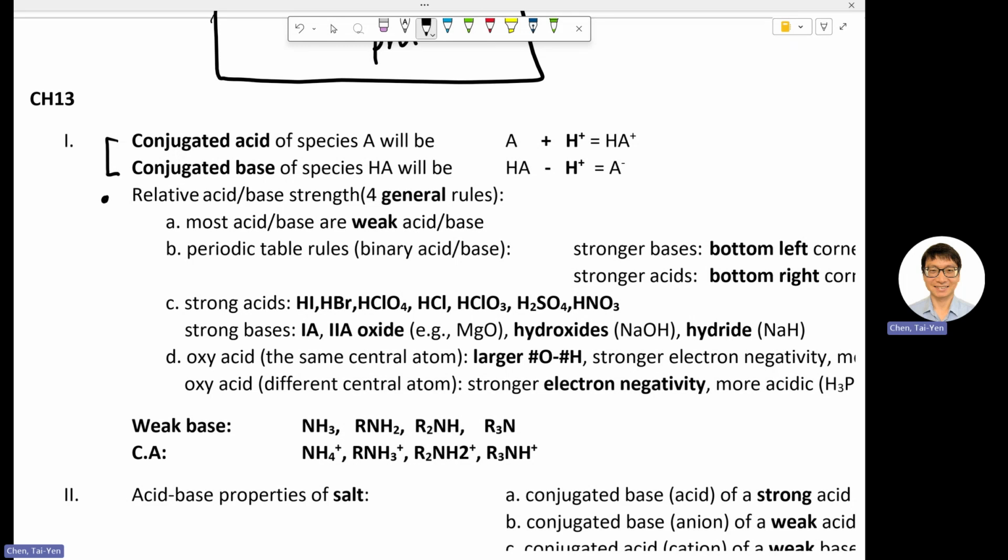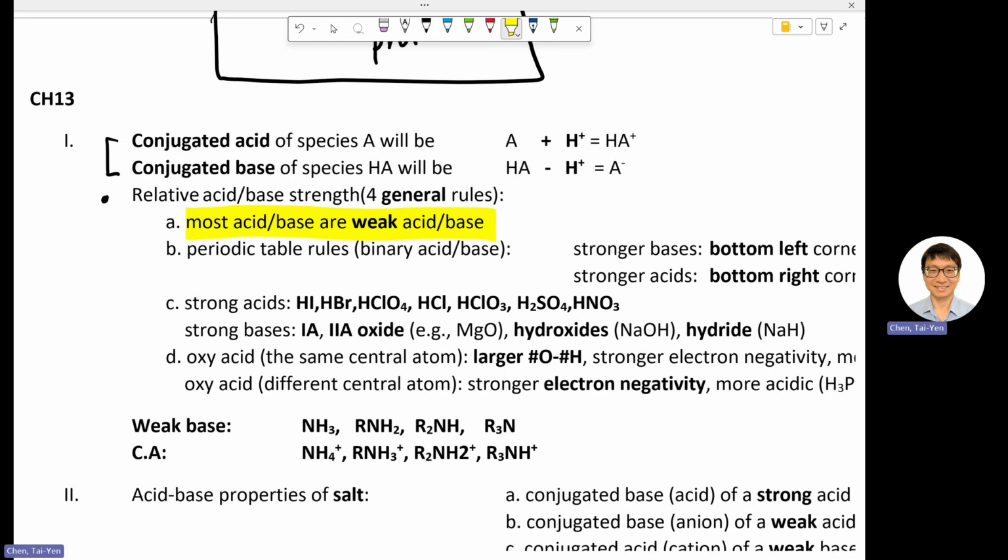Those are the kinds of questions. First things first, the basic idea is that most acids and bases are weak. So if you see a chemical formula and you don't know what it is, then if you want to guess, guess it is a weak acid or weak base. Let's count that as the default.